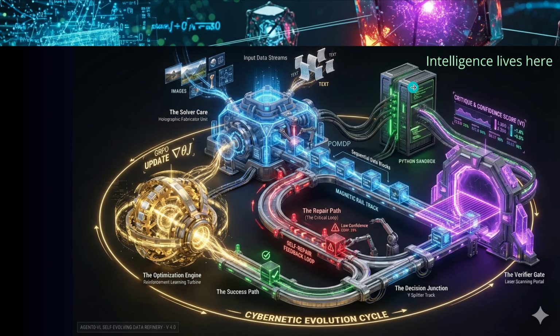Python calculates it, optimizes it, uses the code LLM intelligence, so the intelligence lives here, and brings back the solution. And then this machine is just welding together our little knowledge blocks that come out now on this conveyor belt, or magnetic rail track, sorry. And then we use an identical copy of this vision language model now as a verifier gate.